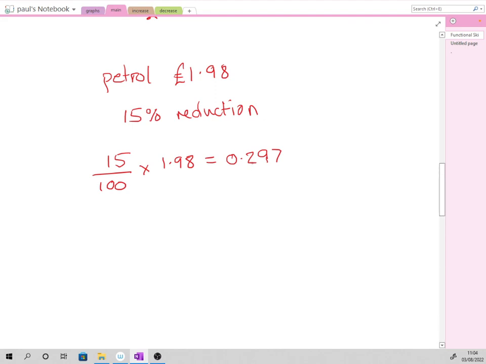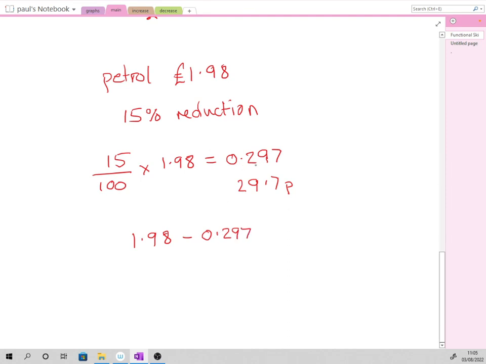Now remember, this is pounds, so to change pounds to pence I multiply by 100, so it'll be 29.7 pence. And to find out what we need, £1.98 minus, now be careful with this, 0.297.